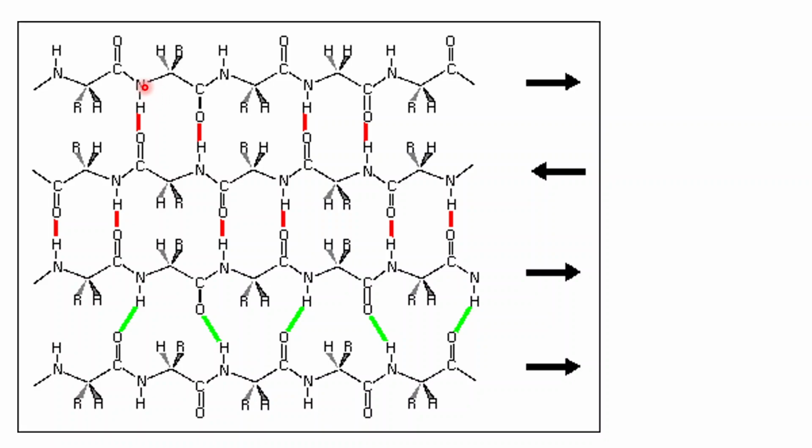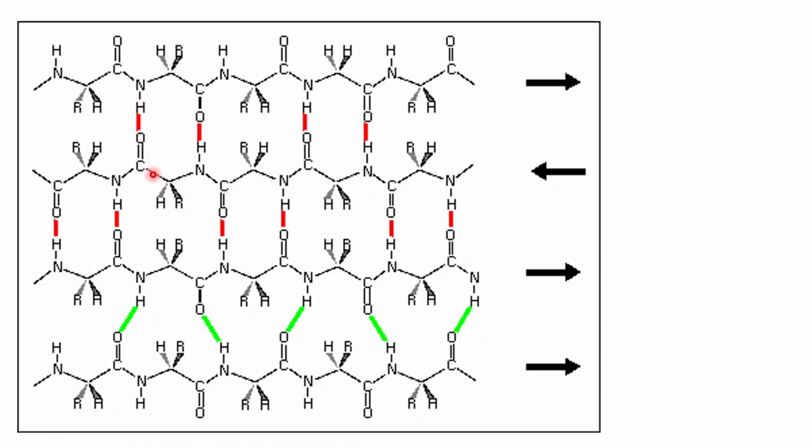Okay, the same amino acid, so this is one amino acid, right, N, C alpha and C. The carboxylic group of that same amino acid is forming the hydrogen bond with the amine group of the same amino acid in the adjacent strand. In that case it is anti-parallel.